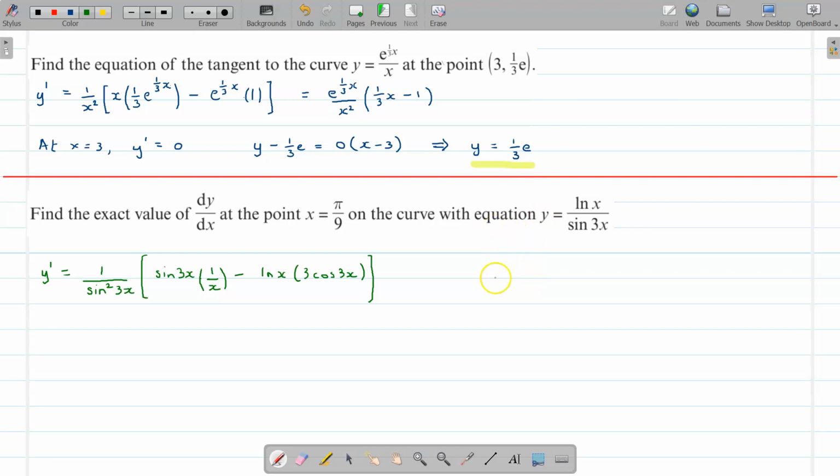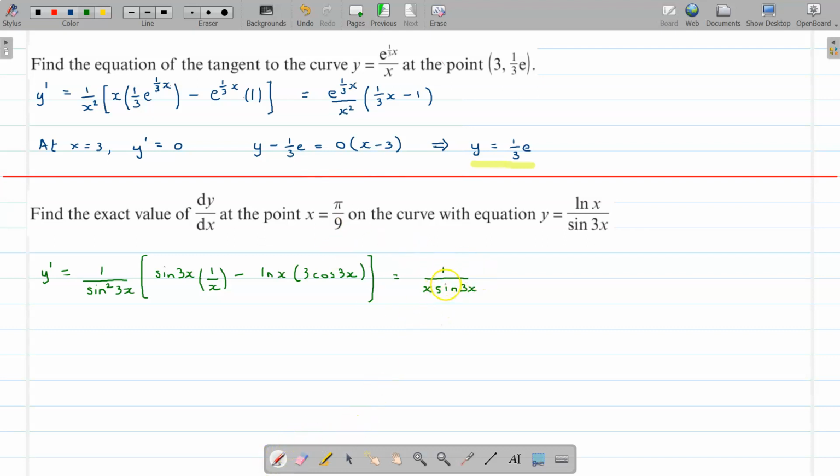And I'm going to just try and tidy it up a little bit, because I've got this sine squared 3x to go under both of these. So I'm just going to rewrite it as 1 over x sine 3x. Okay, that's supposed to be a sine there. Right.